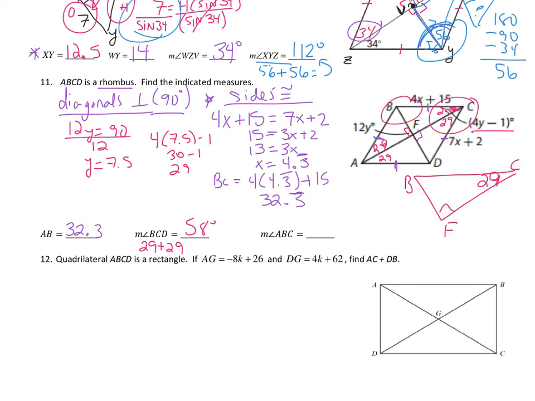Now remember that all 3 angles need to add up to equal 180 degrees. So if we've got 29 already, this one has to be a 61. So in our picture up here, we have a 61 in both of those angles. So we just need to add 61 plus 61 to figure out this angle, and that would be 122 degrees.